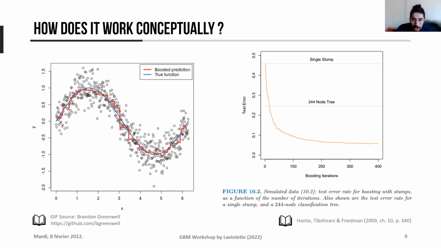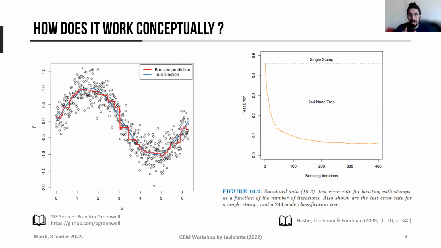The prediction accuracy, this is taken from a very good book on the question. It gives you here an example. So a single stump, which means a tree with one split, will give you a prediction accuracy. Let's say in the case of a binomial outcome variable, we're trying to predict a binomial outcome. A single stump means a single split, as I said, gender, let's say male or female.